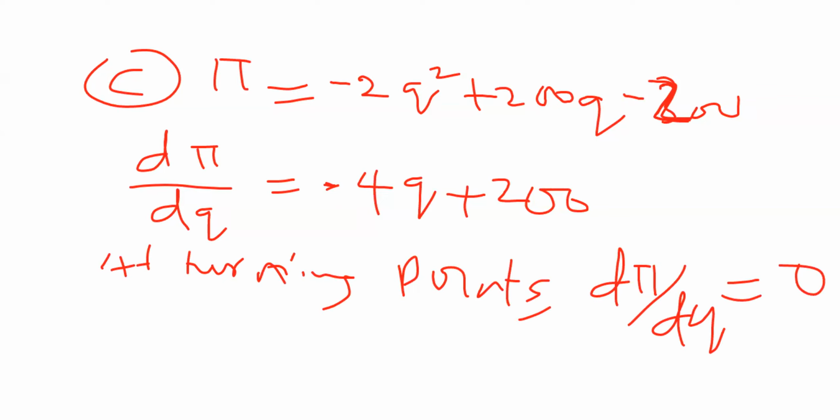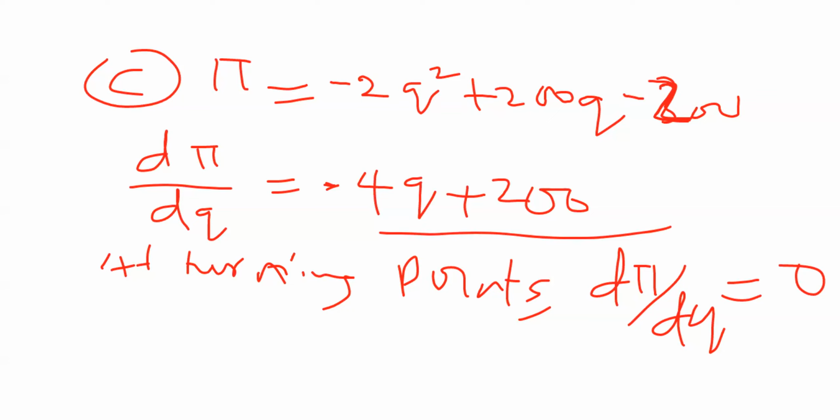Equate it to 0 and solve for q. Minus 4q plus 200 is equal to 0, then 200 is equal to 4q, then q is equal to 200 over 4. That's 50.